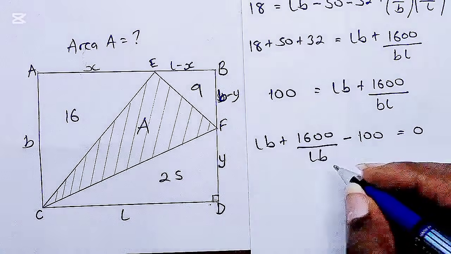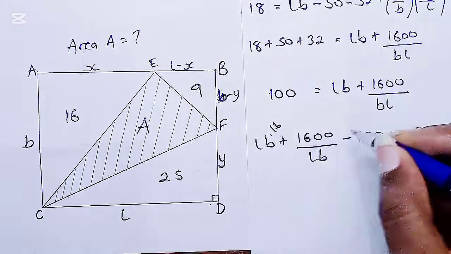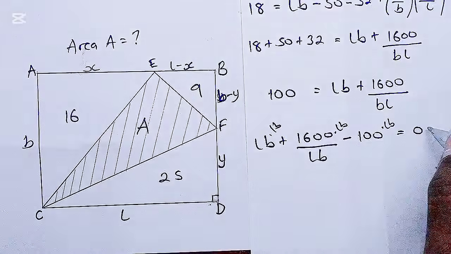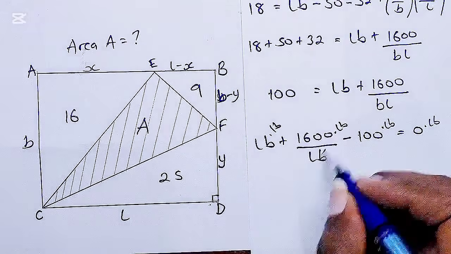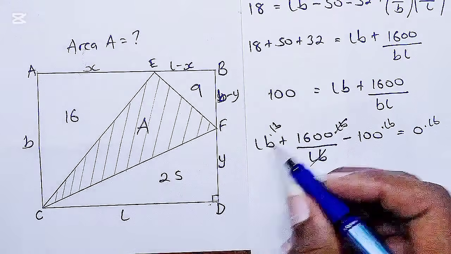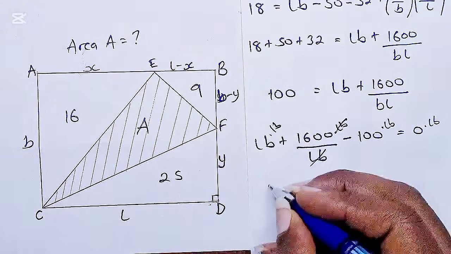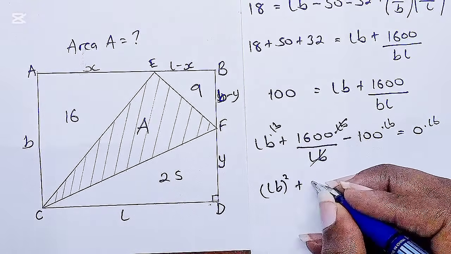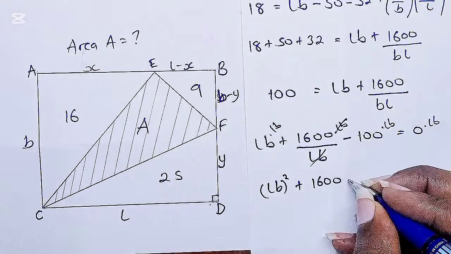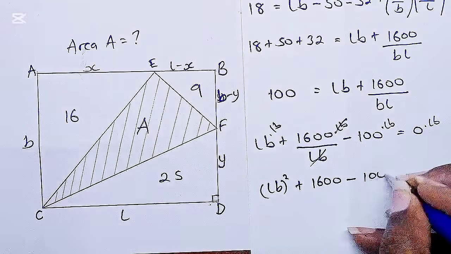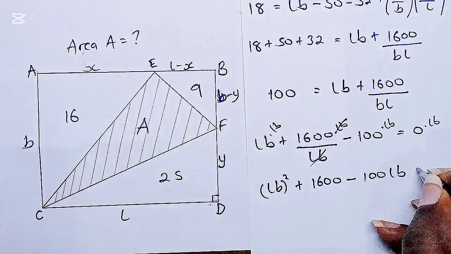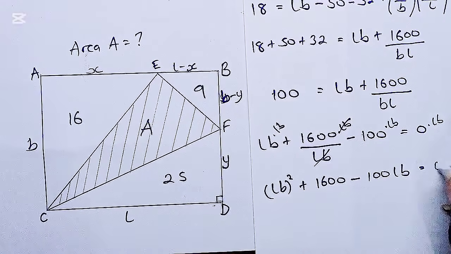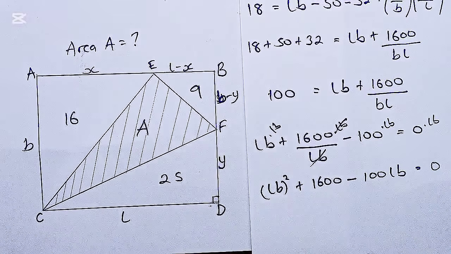So we multiply everything by LB. This one cancels with this. So LB times LB gives us LB squared, plus 1600, minus 100 LB, equal to 0 times LB, which is 0.